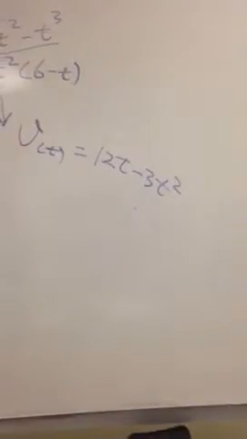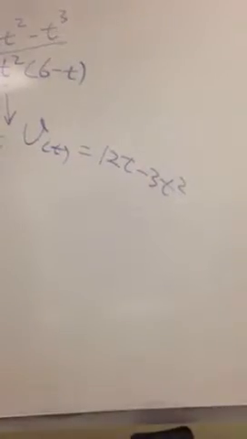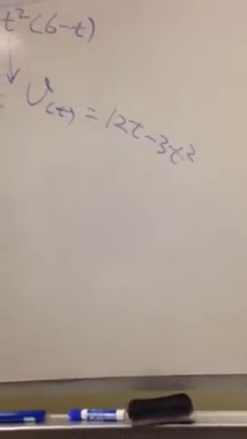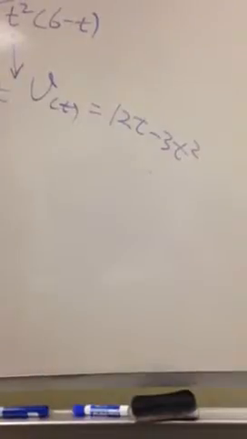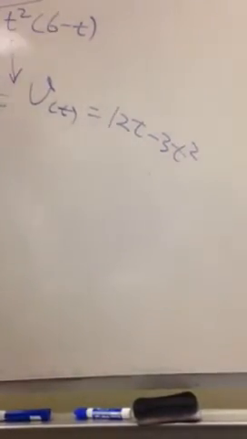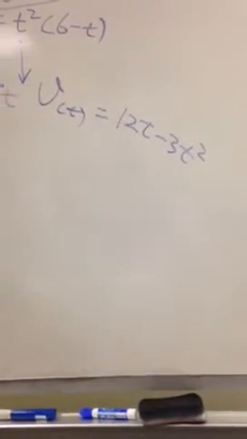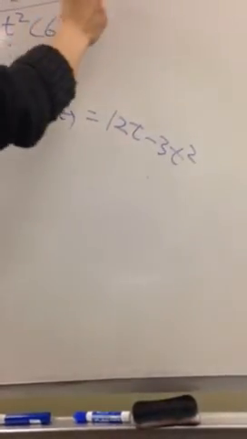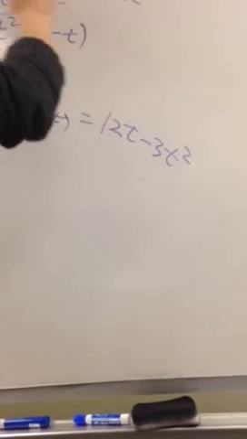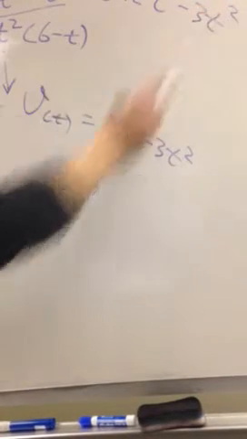How did you get 12t minus 3t squared? So you know how to get the derivative from this? So you're taking the derivative of that. So it's 12t. Okay, I know how to do that. Right, 3t squared.